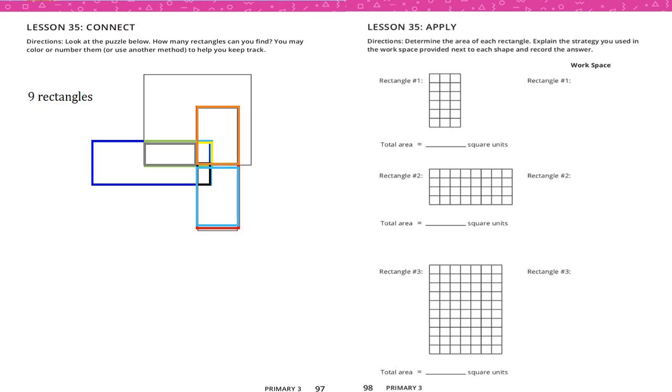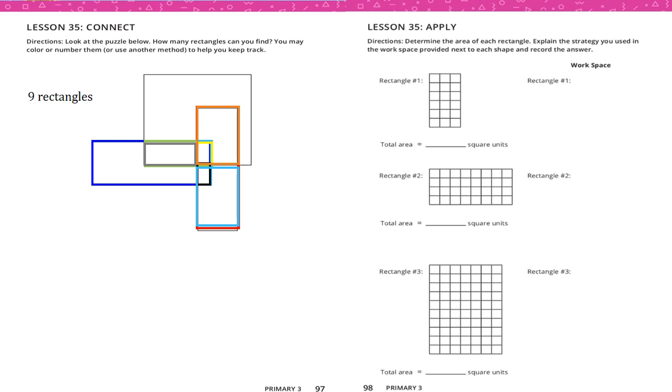Here in lesson 35, determine the area of each rectangle. Explain the strategy you used. If we want to find the total area here, we can multiply or count. We can count the small squares inside this first rectangle, or we can multiply rows by columns.